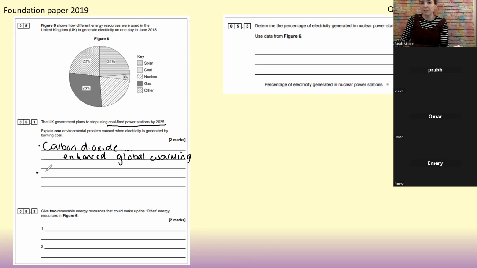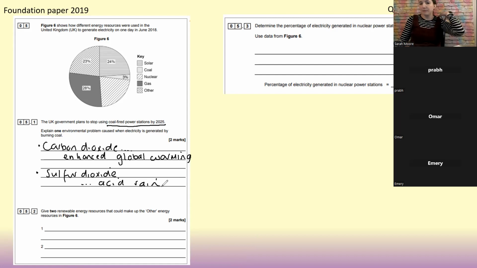When we have fossil fuels burning, we can also mention sulfur dioxide as well. And sulfur dioxide is linked with acid rain. The sulfur dioxide dissolves in the water in the atmosphere, leading to acid rain, which damages aquatic communities.